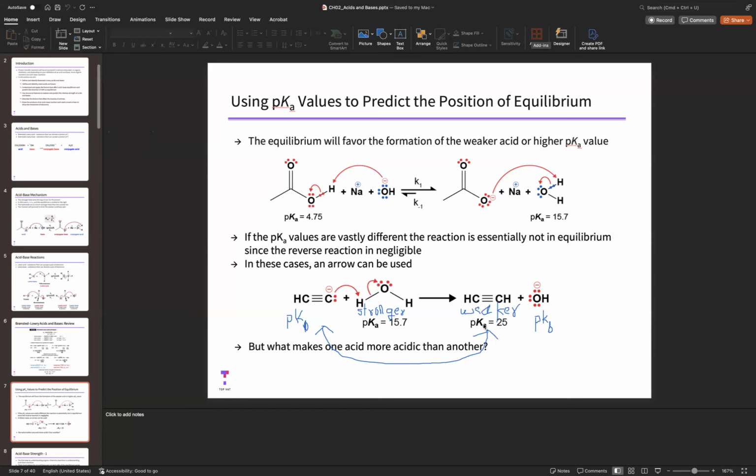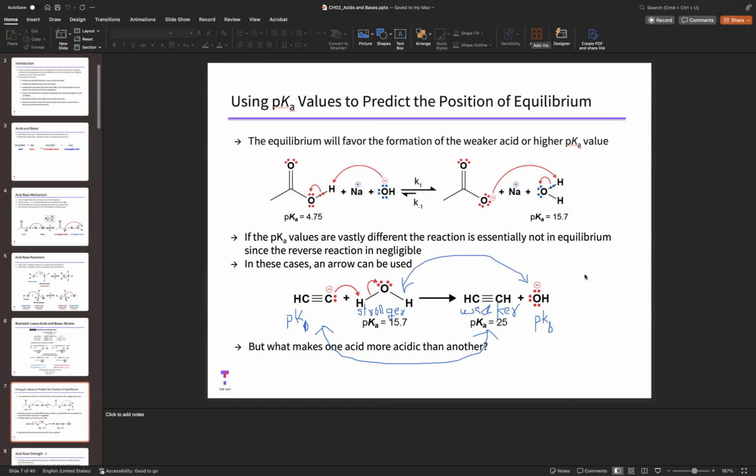How do I know it's paired up with that one? We are talking about the one that loses a proton or donates a proton to give you the other one. So we have this compound donating the proton to give you this compound. Similarly, we have this compound here, water, donating a proton to give you hydroxide. So they are a pair.